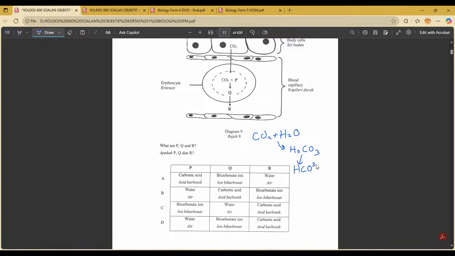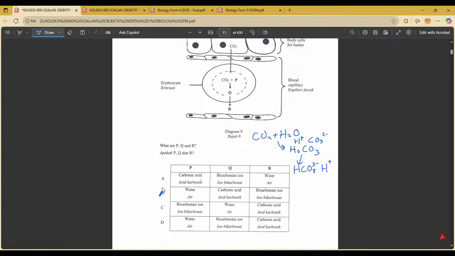HCO3 minus and H plus. This is H plus and CO3 2 minus. So I think P is water, Q is carbonic acid, and R is bicarbonate ion.